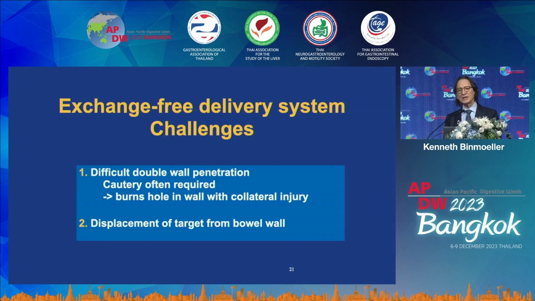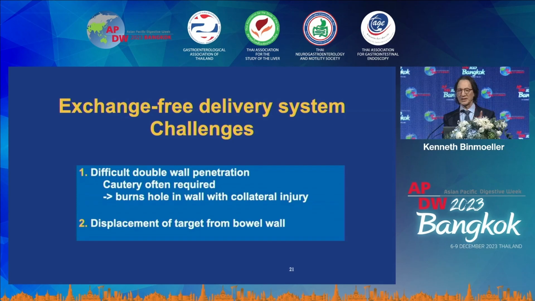Now, the exchange-free delivery system is, I believe, more important than the LAMS itself, because that's really the first stages where leak and perforation can occur. And the challenges are firstly, we have difficult double wall penetration, and cautery is often required.